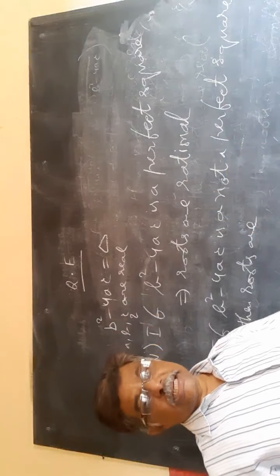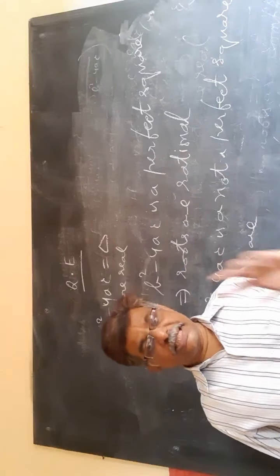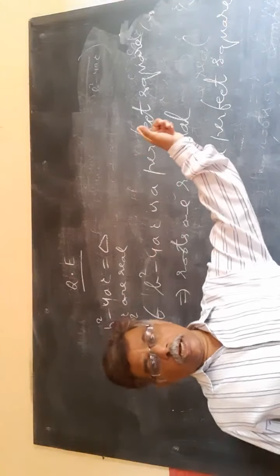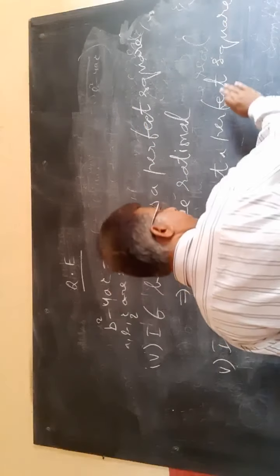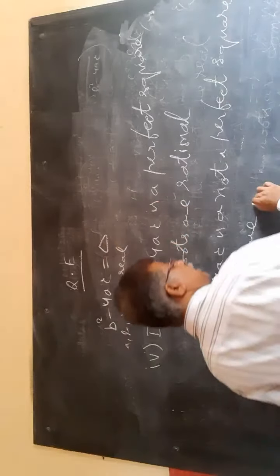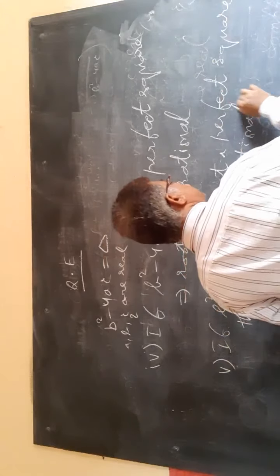Conjugate surds means a plus root b is one root and a minus root b is another root, like conjugate complex numbers. Not a perfect square, then the roots are irrational conjugate surds.